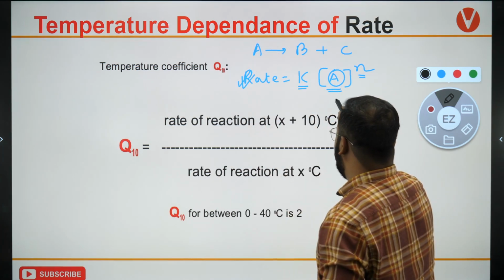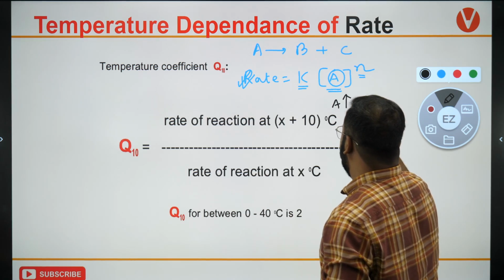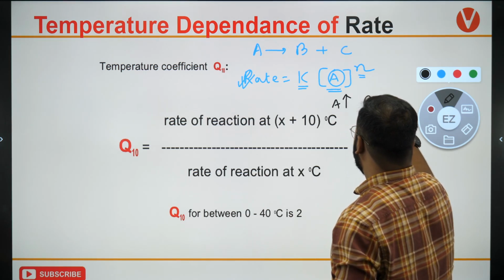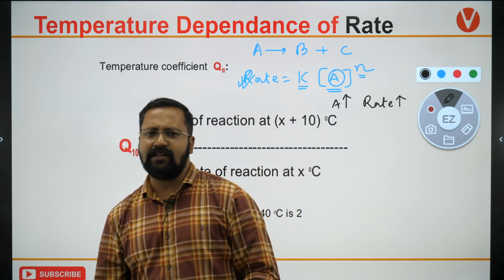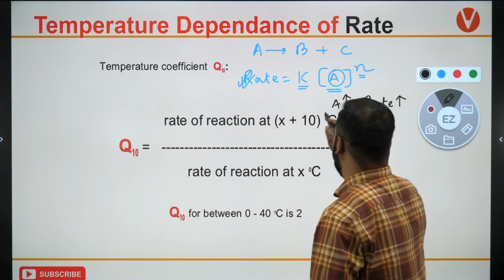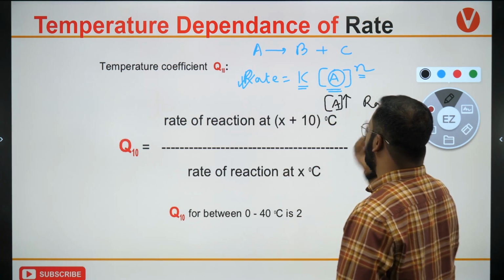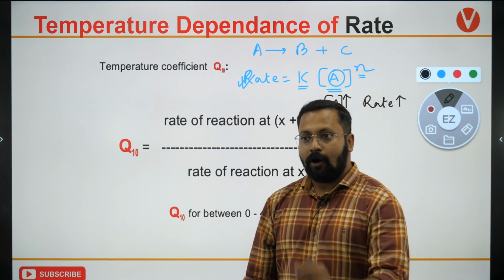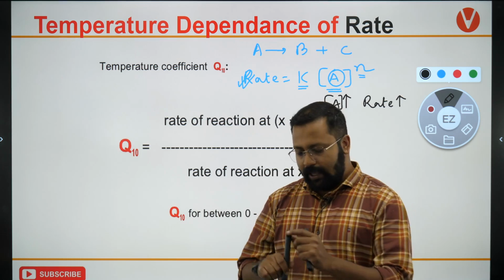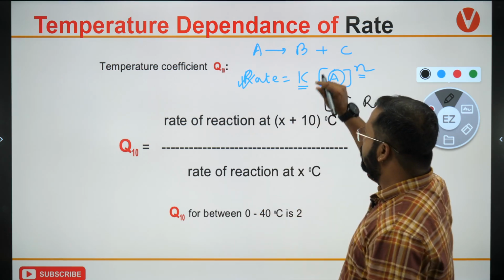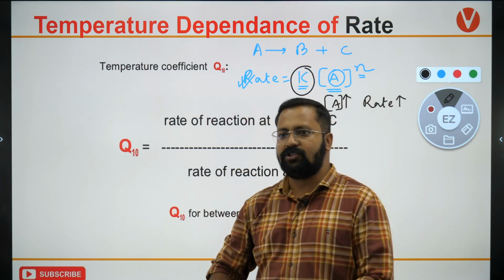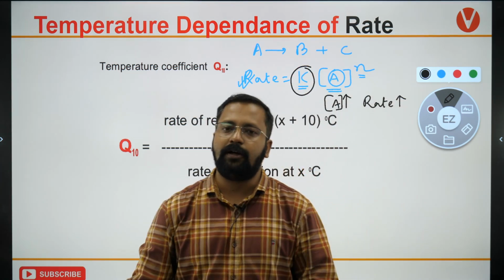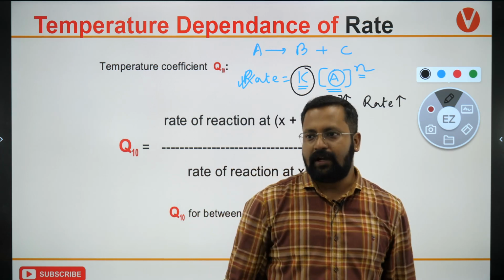Okay, so if A increases, the rate will also increase. Can I say that? When A increases, where A is nothing but the concentration, when concentration increases, rate will also increase. Also, can we say that if I change k by some method, I will change the value of rate?